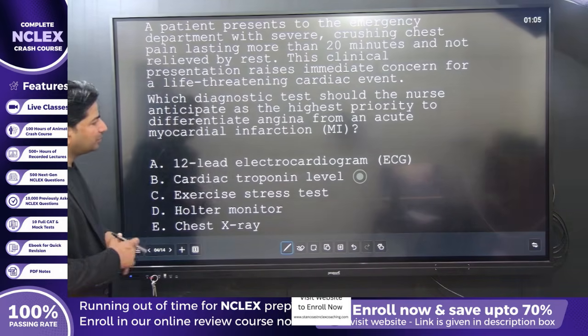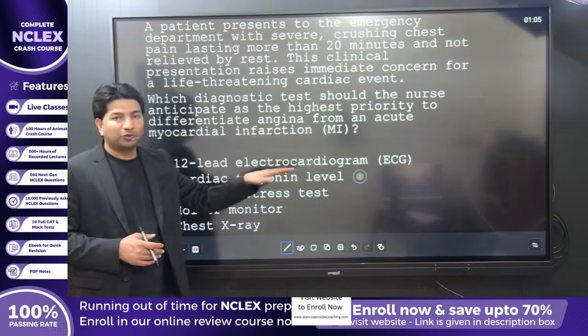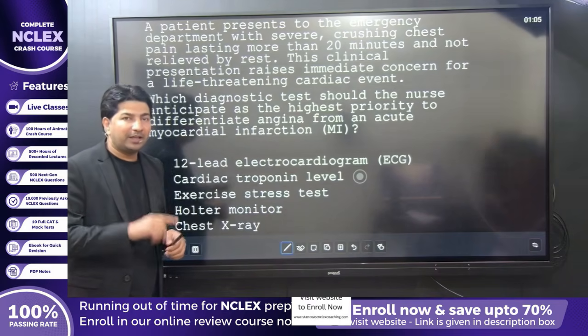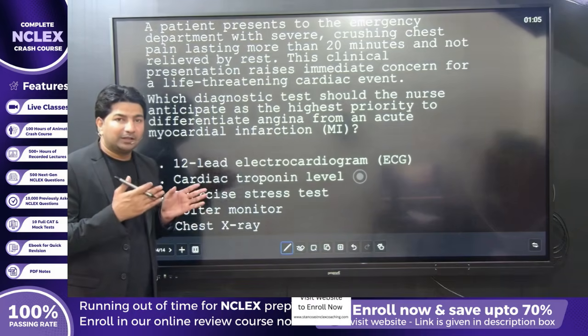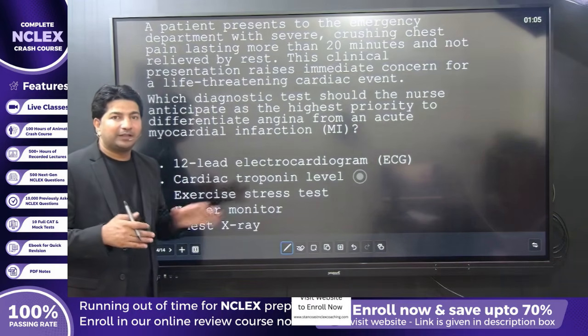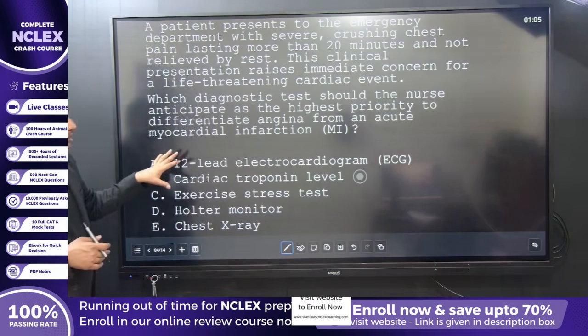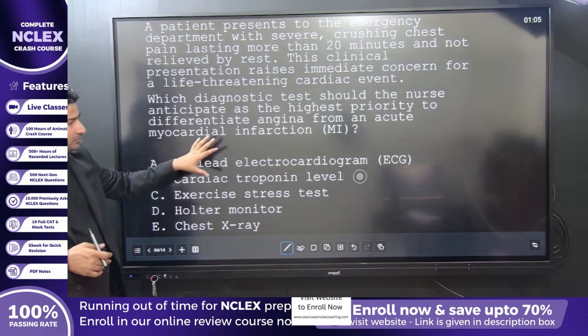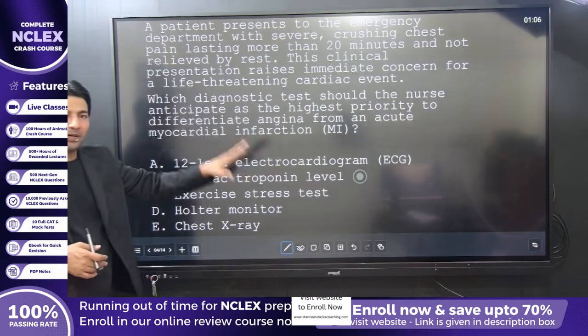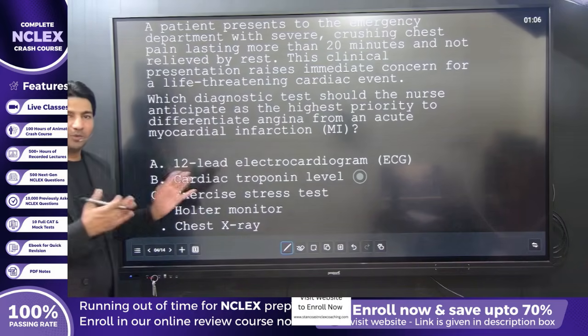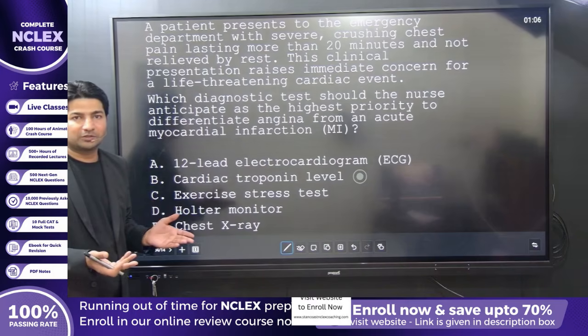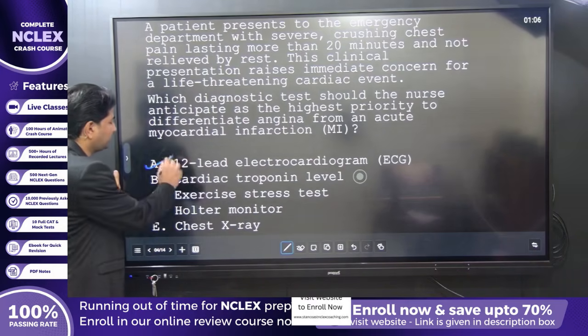What happens is, as we've likely heard, there are two types, STEMI and NSTEMI, meaning ST-elevated MI and non-ST elevated MI. This helps us determine if the patient has angina pectoris or a myocardial infarction. We can easily observe this, perform it on the spot, and get immediate results. So this is our primary choice.